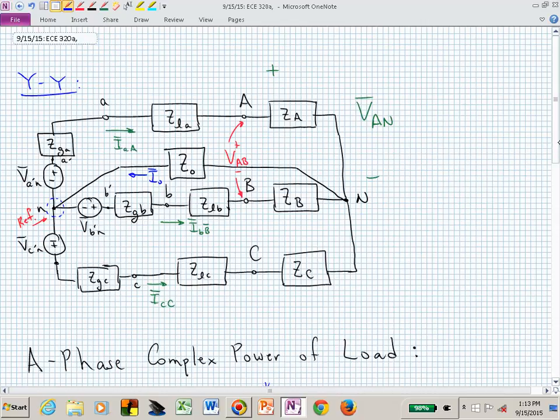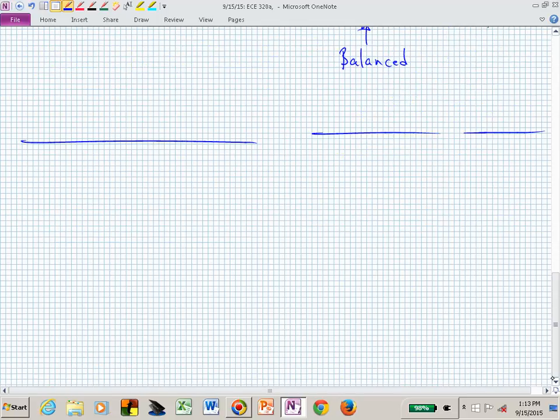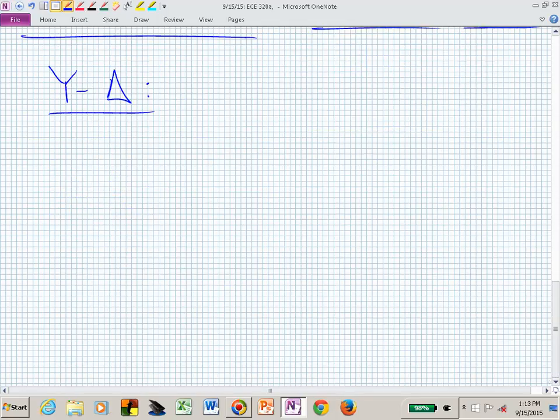What if we changed it up a little bit, and now I said, well, what about the Y-delta configuration? Here, let me try to sketch this. Let's say that we have Z, and here's the A terminal at the load.